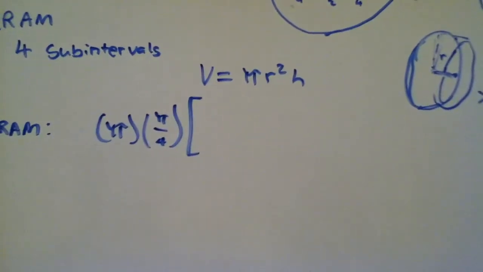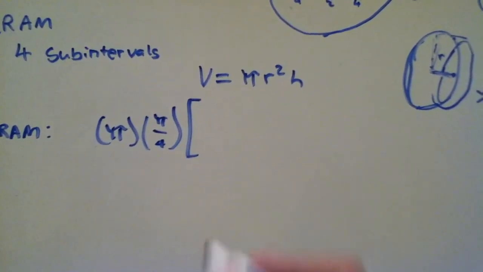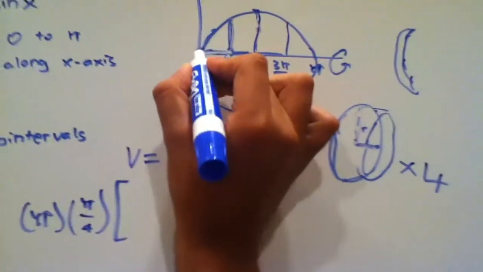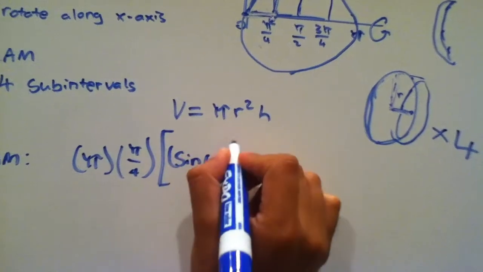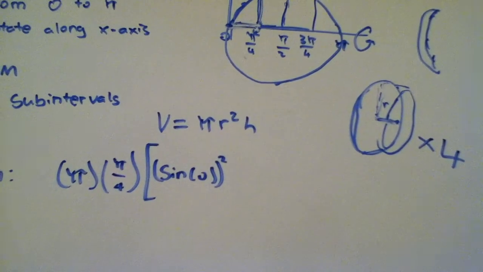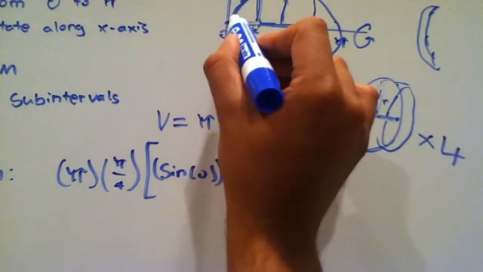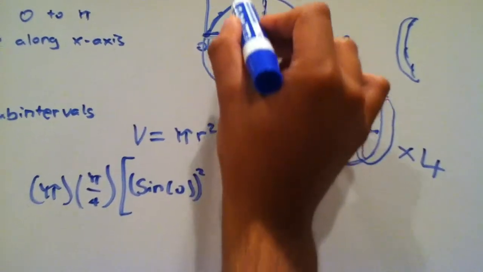As we do this, we're going to have sine of 0 squared, because that's this part, right? Because we want to use the LRAM, we're just going to do that.